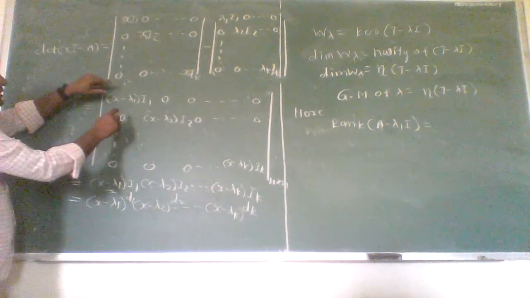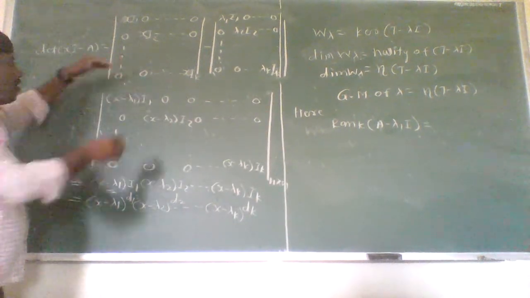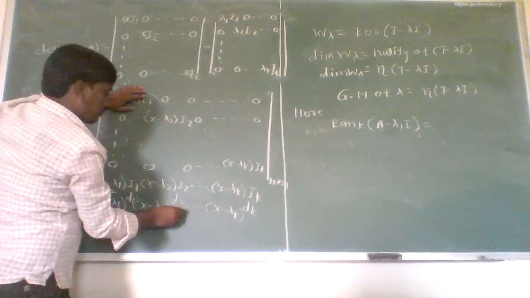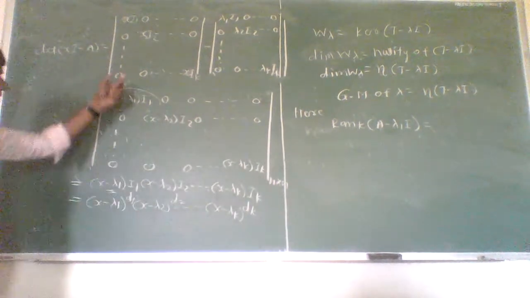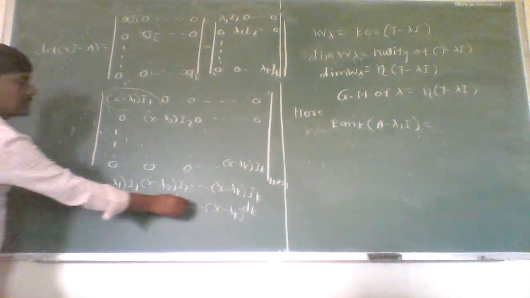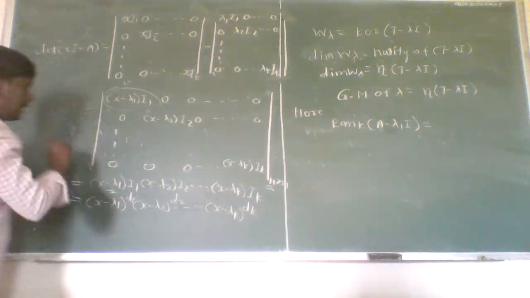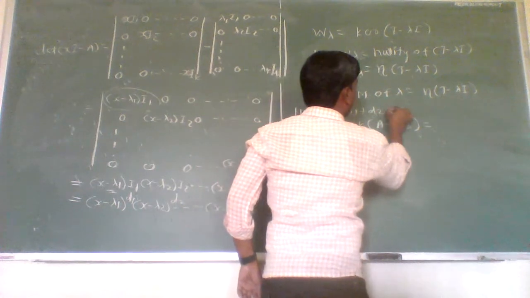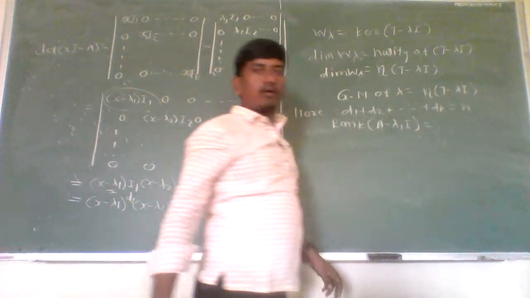If we subtract lambda 1 from this matrix, then all these d1 terms will be equal to 0, and its rank is nothing but d2 plus d3 plus up to dk. Here d1 plus d2 plus up to dk is nothing but its original order n.